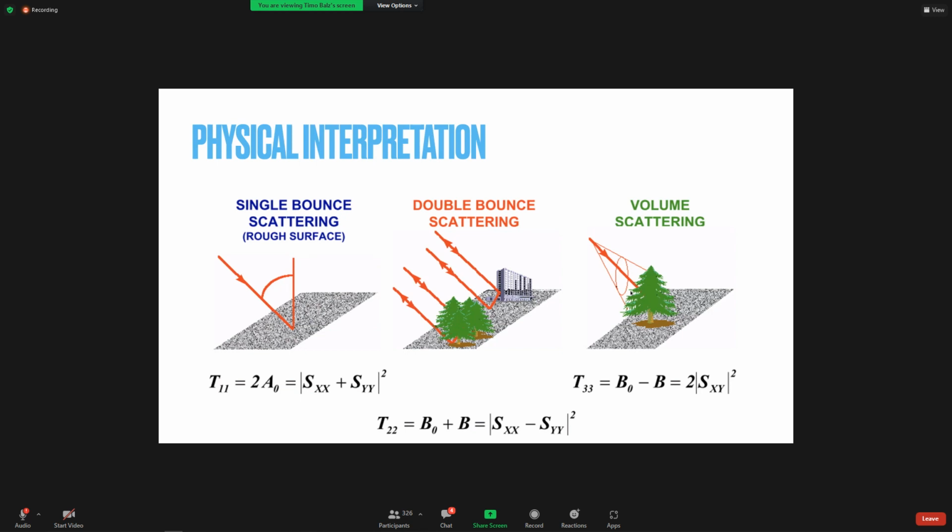And so that happens more commonly in volume scattering, and that is an indication that you have volume scattering, right? It can also happen for other reasons. Nothing is perfect, but it's one way.